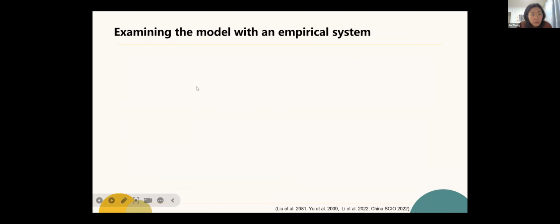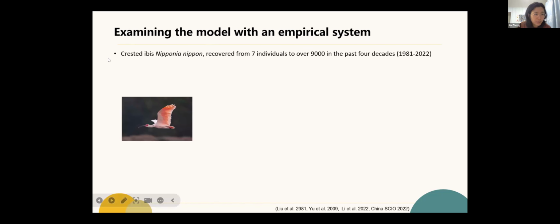Okay, and then what we did later was to examine this theoretical framework with an empirical system. Here we chose the crested ibis, which is a very pretty bird, as you can see. We selected this species because it experienced a severe bottleneck event.